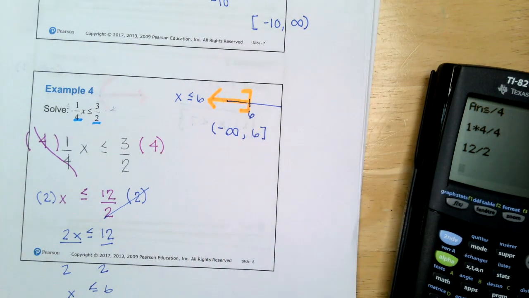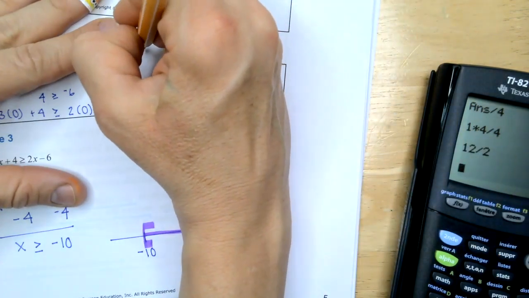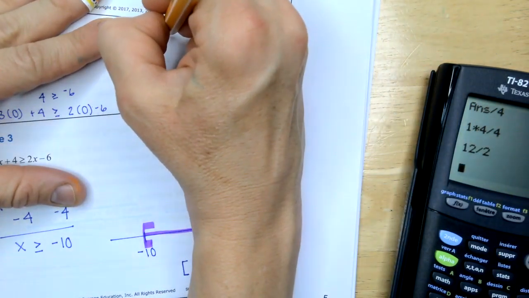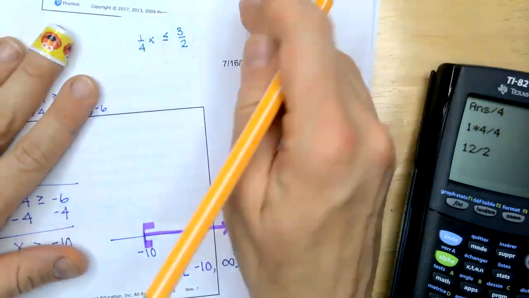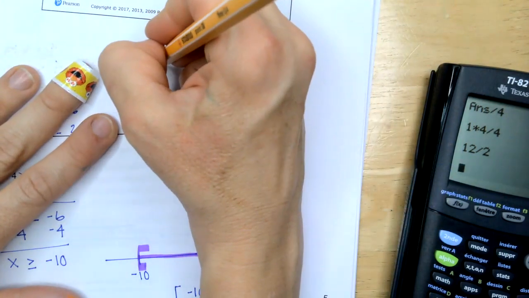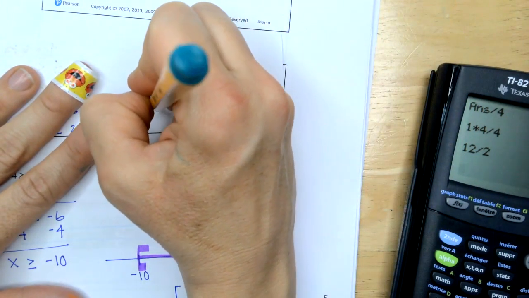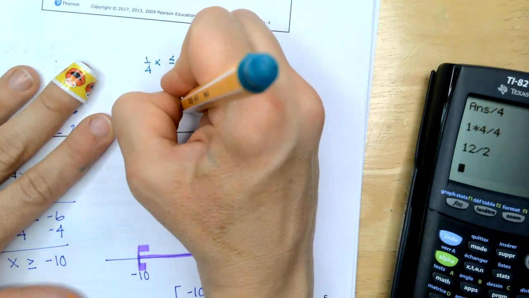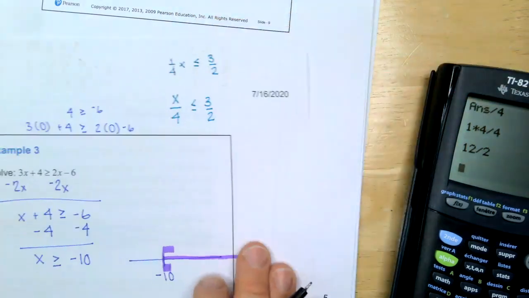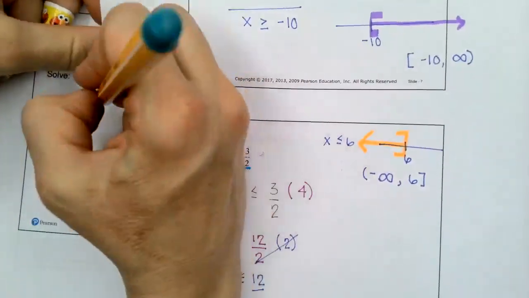One more thing I want to note. About 1/4 x less than or equal to 3/2. This is exactly the same as x is being multiplied by 1 divided by 4. So it's the same as x over 4 less than or equal to 3/2. Okay, we can write it like this, or we can write it like this.